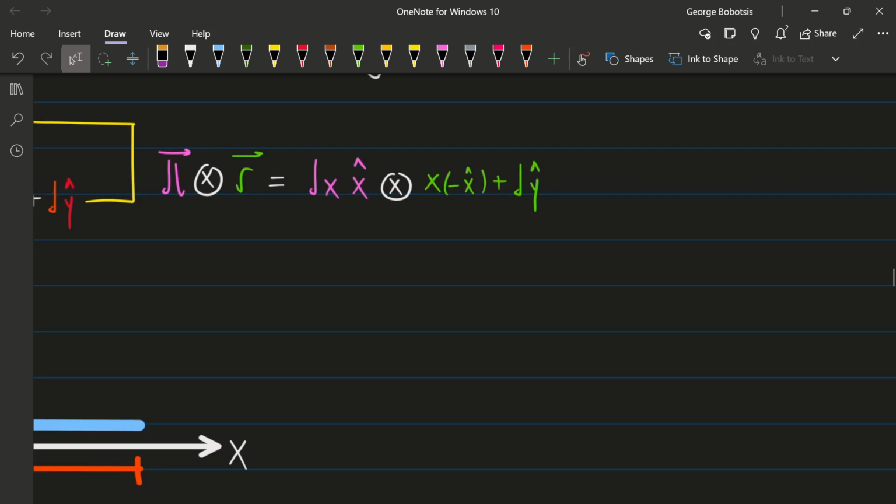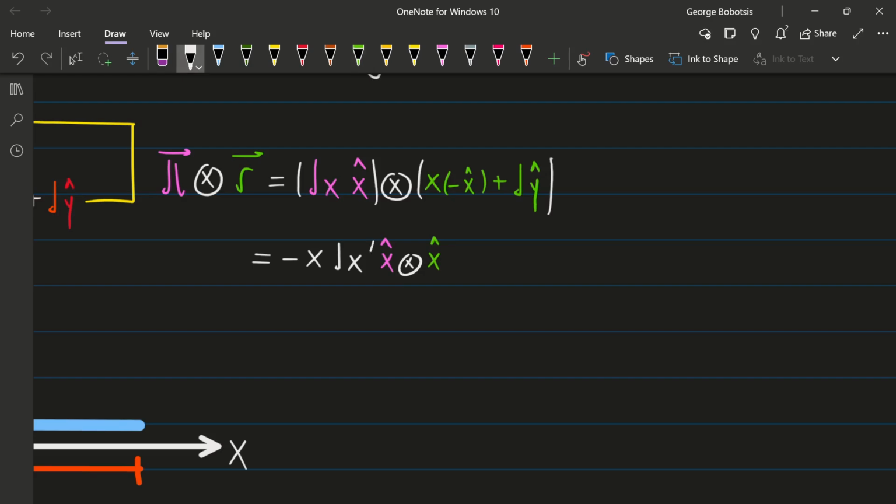Okay, so you're doing a couple of cross products, and they're distributive. One of them is going to say here x, negative x dx. So I'm going to write it as negative x dx, and you're crossing x hat with x hat again. But these are parallel.